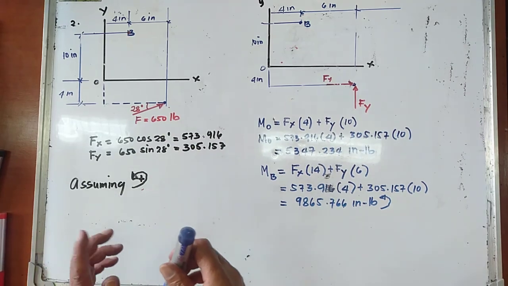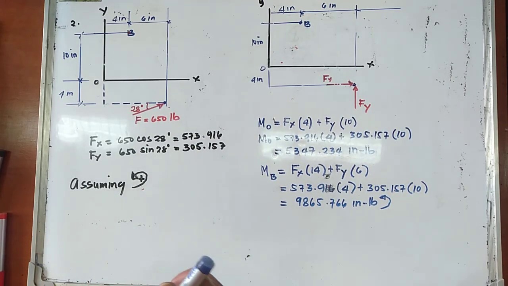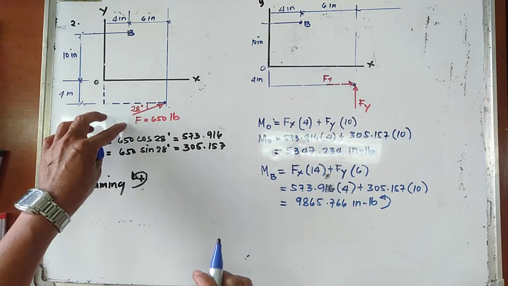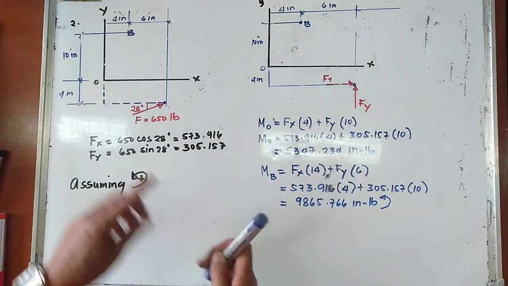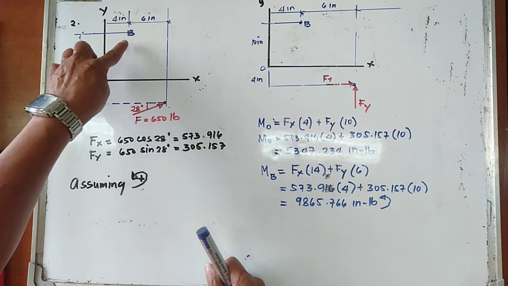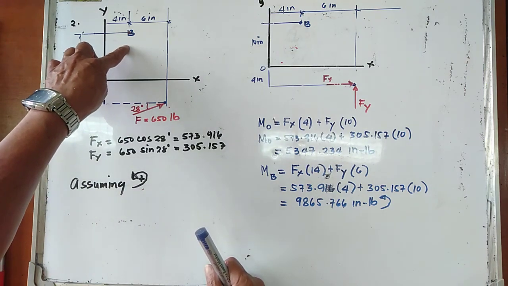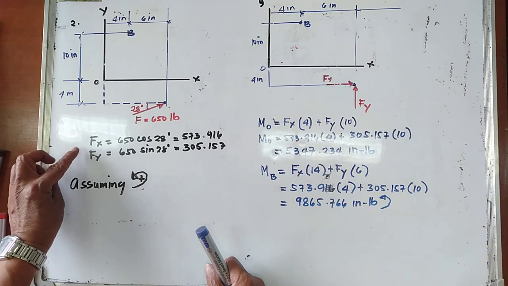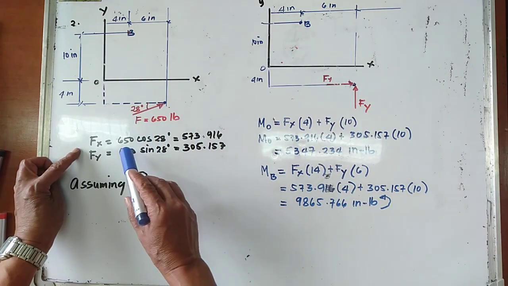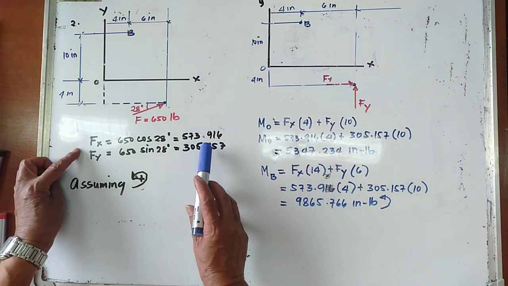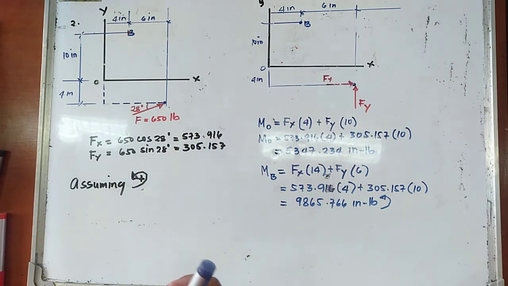Okay, so we are required to determine the moment of the 650-pound force about point O and about point B. So the x component of the 650 is 650 cosine of 20 degrees, so we have 573.916.